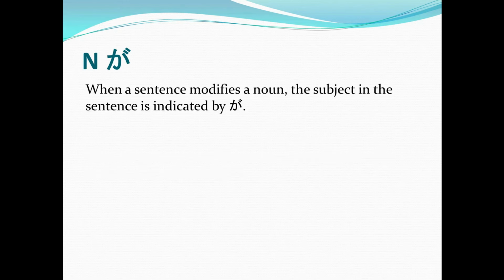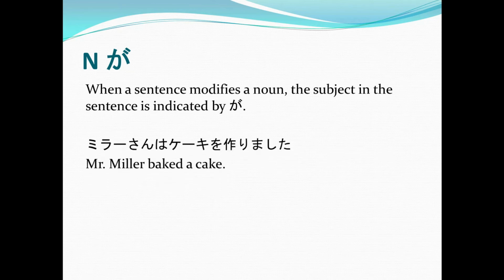Now, noun ga. Notice how many times we use ga in replacing the other particles in noun modifiers. So when a sentence modifies a noun, the subject in the sentence is indicated by ga. Look at this example. Mira-san wa keiki o tsukurimashita. Right? That's how we make the sentence.